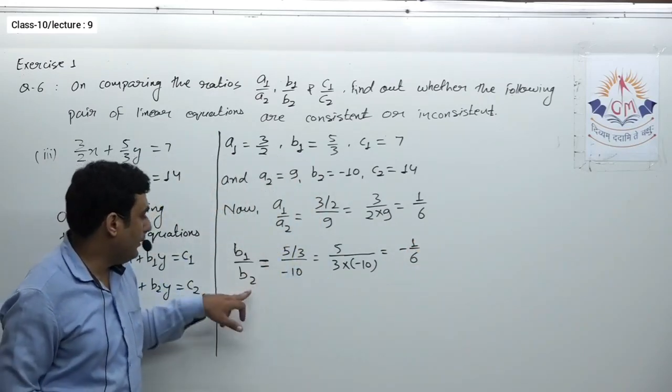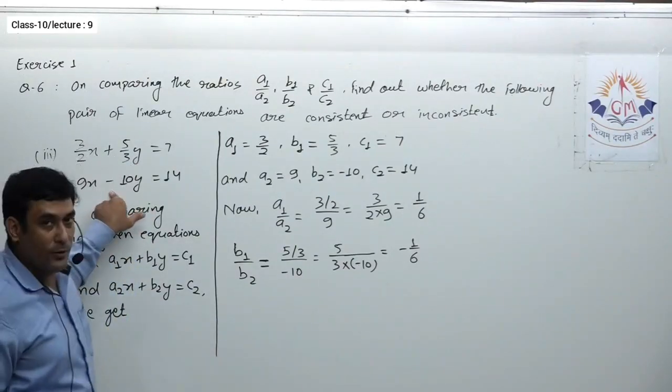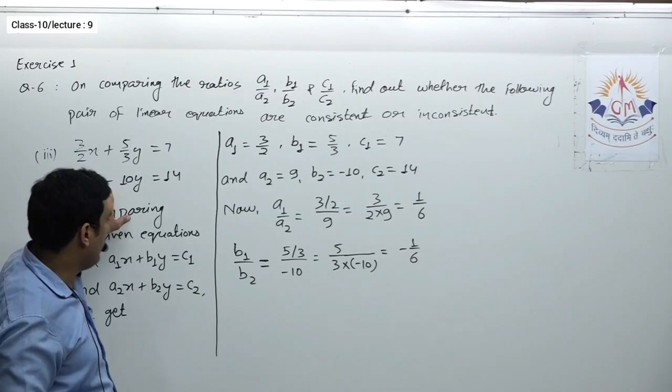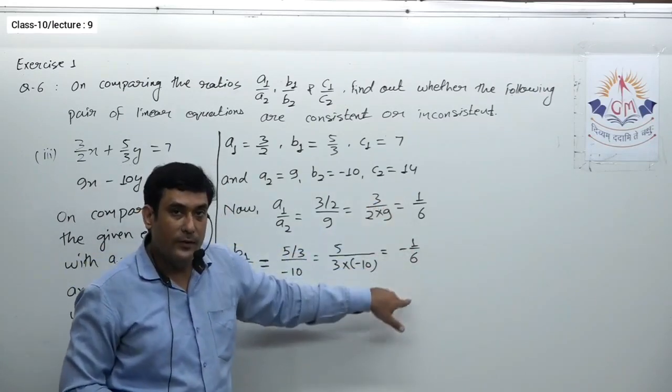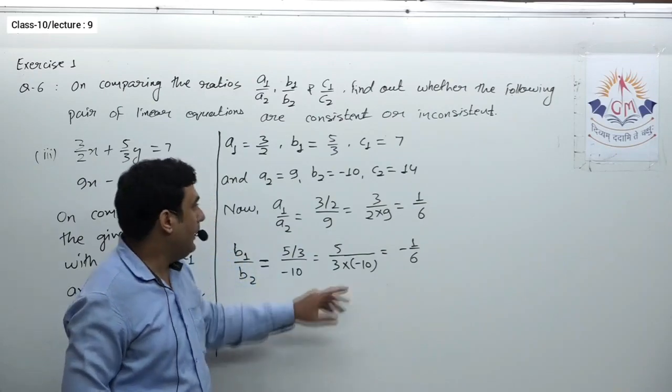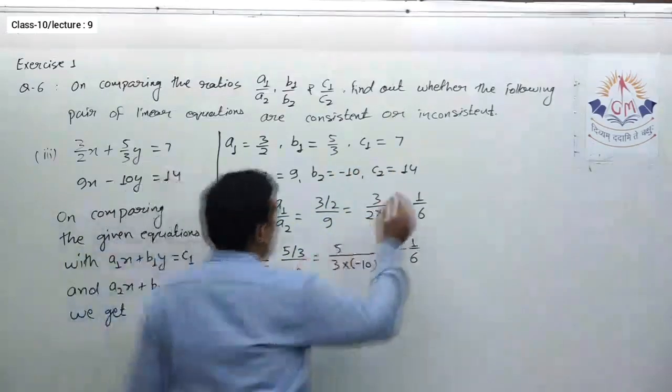So a1 upon a2 is not equal to b1 upon b2. For a while, if I make it positive, this will become positive, then in that case a1 upon a2 will be equal to b1 upon b2 and it won't be equal to c1 upon c2. But over here we'll go according to the question.